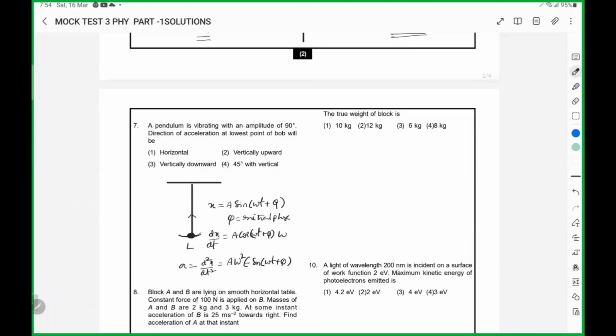This minus indicates acceleration is vertically upward towards this fixed point. So at the lowest point, acceleration is upwards.